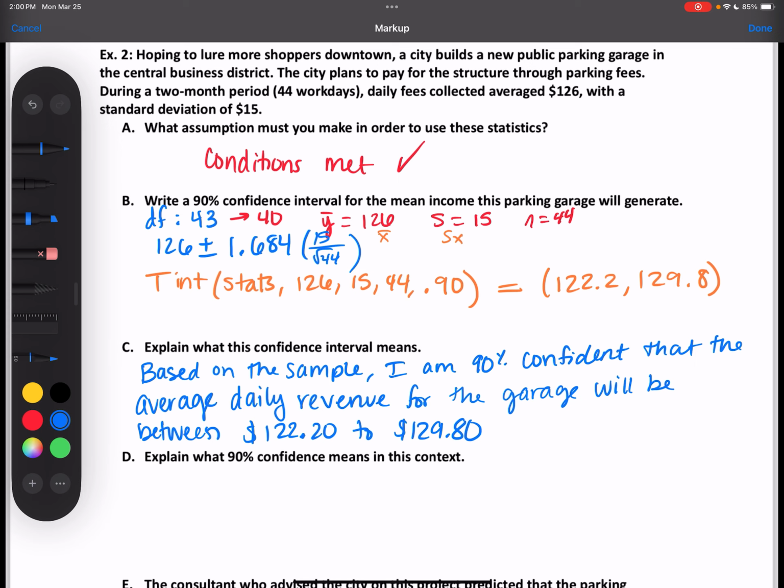So then explain what 90% confidence means in this context.